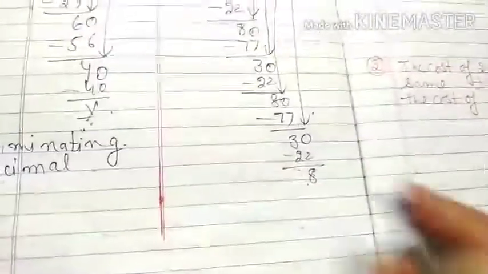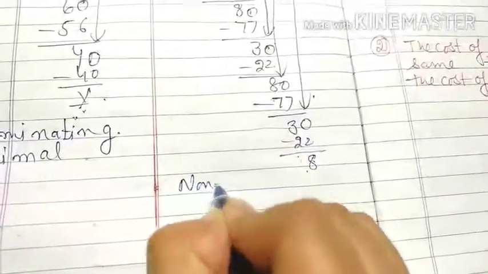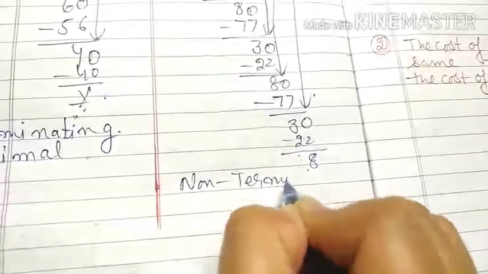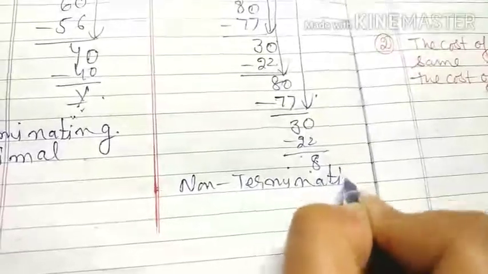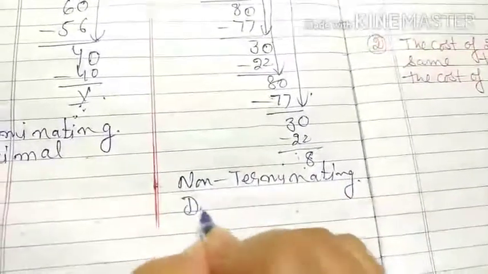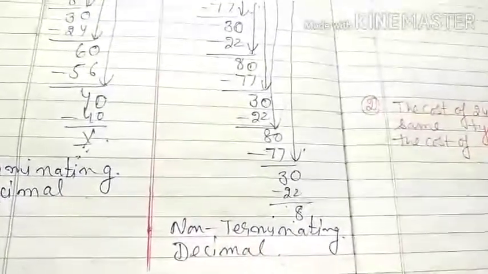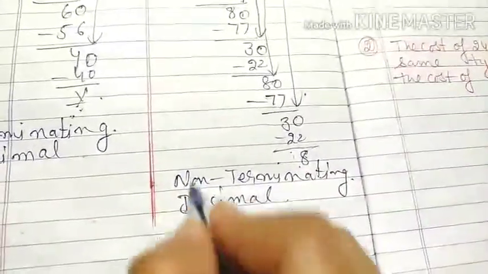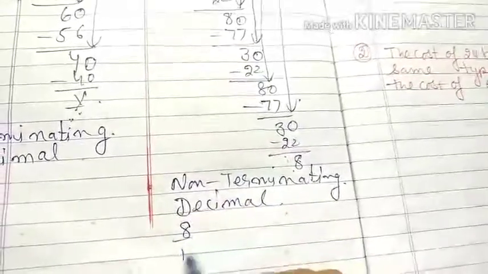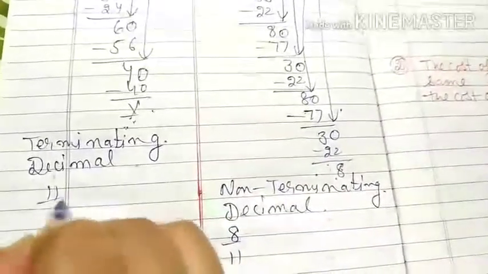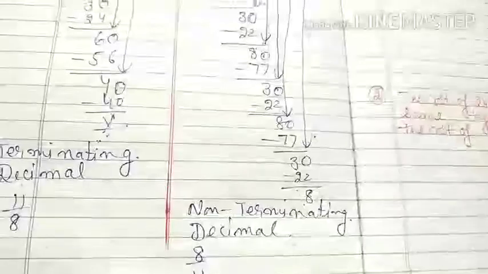This is a non-terminating decimal, when there is no end. So we can say that 8 by 11 is non-terminating and 11 by 8 is a terminating decimal number.